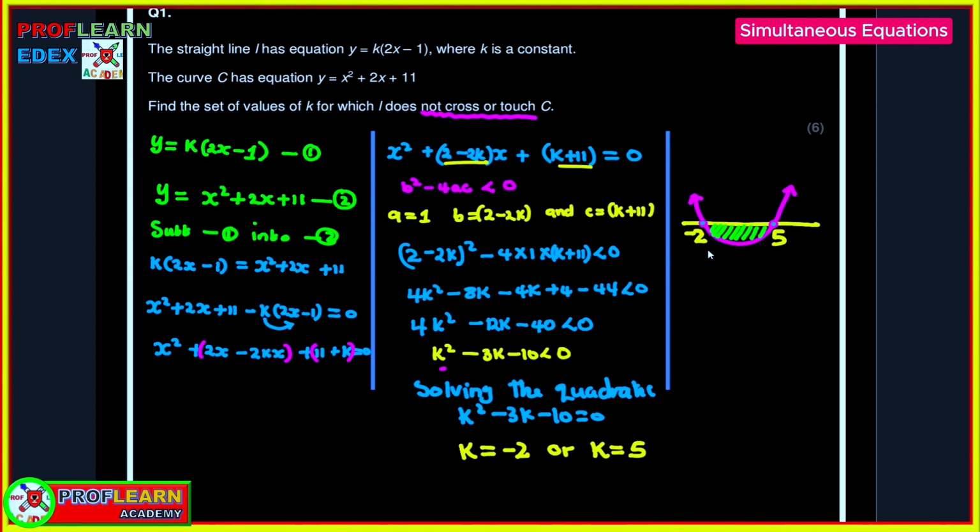So we need the region below. Then, to state the range of values or set of values for k, we're going to say that k is greater than -2 but less than 5. And that is the answer that we are supposed to get at this point.